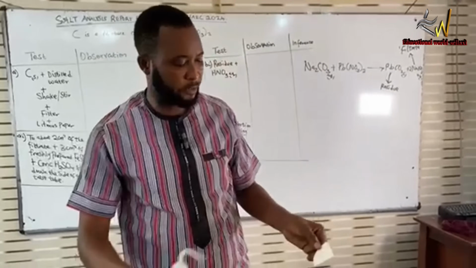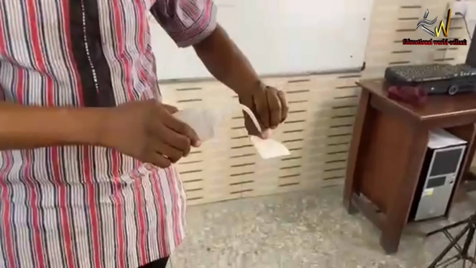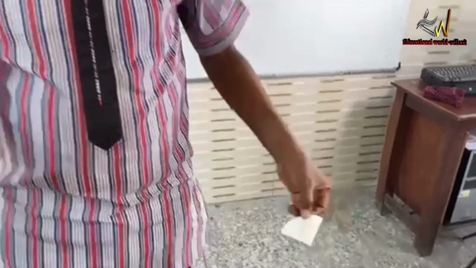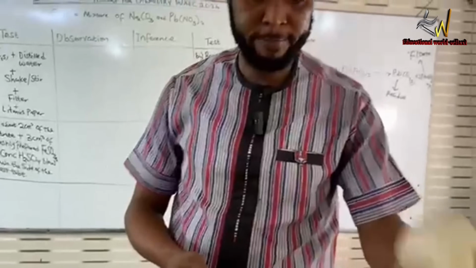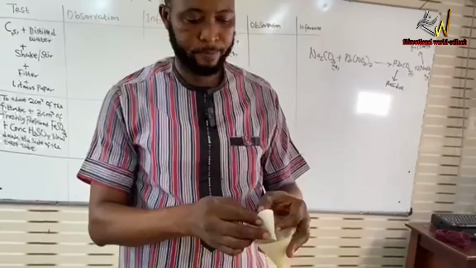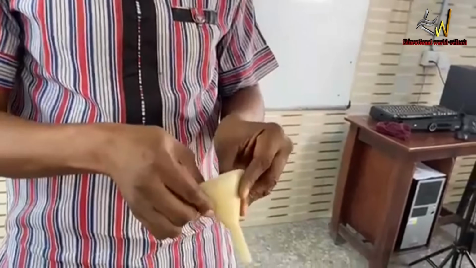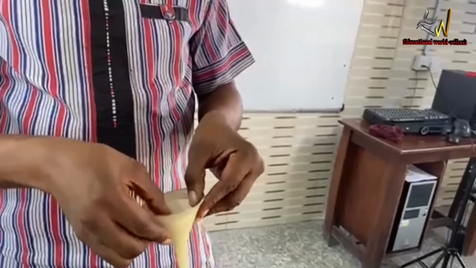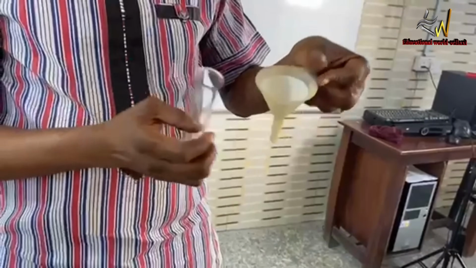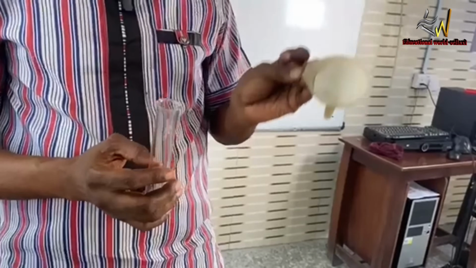I'll pour water on it to enable it to adhere on the funnel. This is my filter funnel. Showing the inside of it, this is how it adheres to the funnel.